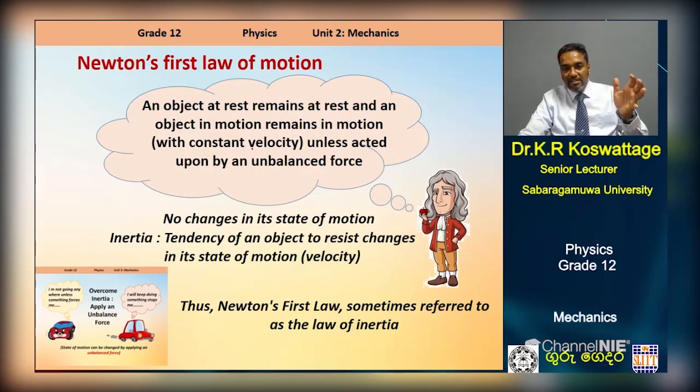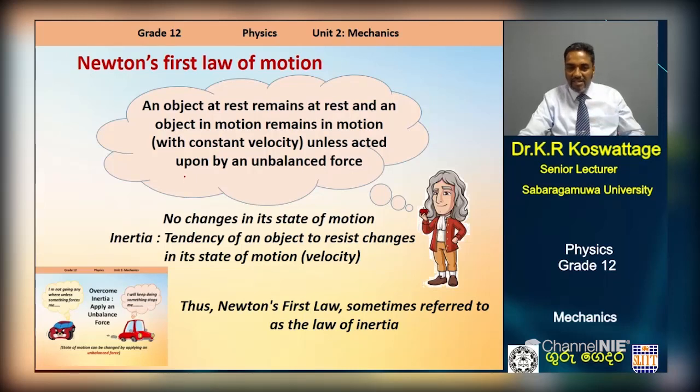An object at rest remains at rest is obvious: if the object is at rest, of course it remains at rest, unless acted upon by an unbalanced force. This is basically clear. The second part is that an object in motion remains in motion unless acted upon by an unbalanced force.